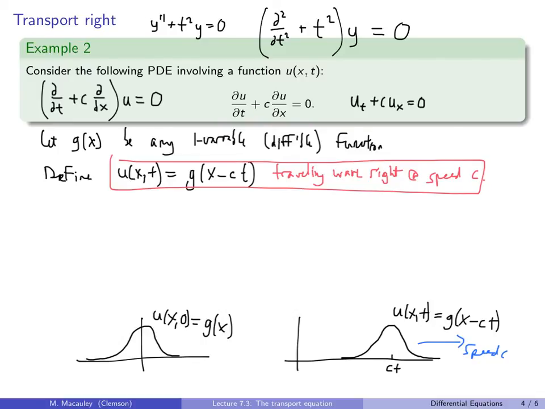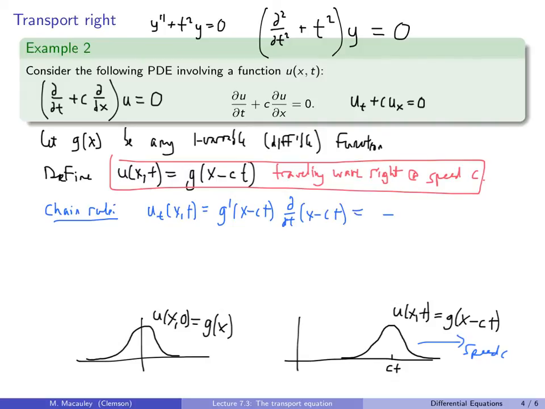So let's check by the chain rule. ut of x, t is just the derivative of g at x minus ct, times d dt of the inside, x minus ct.